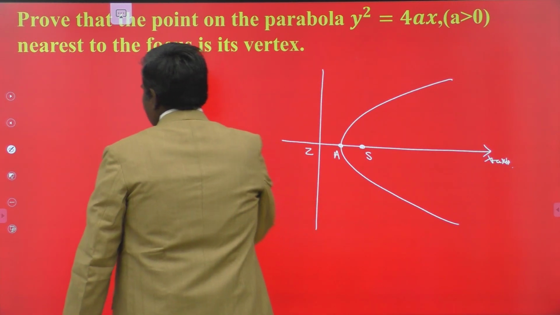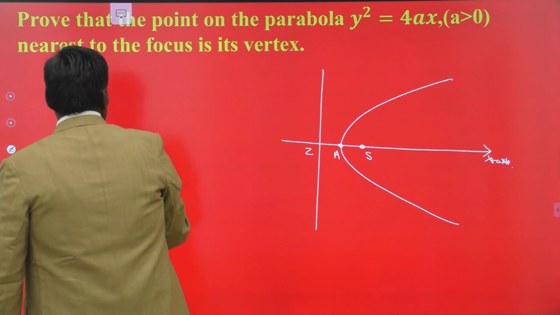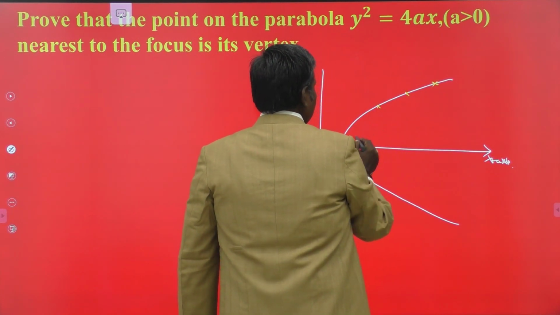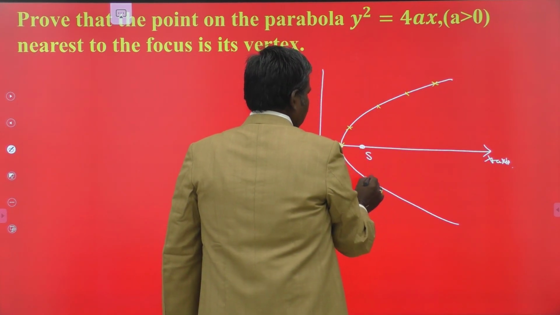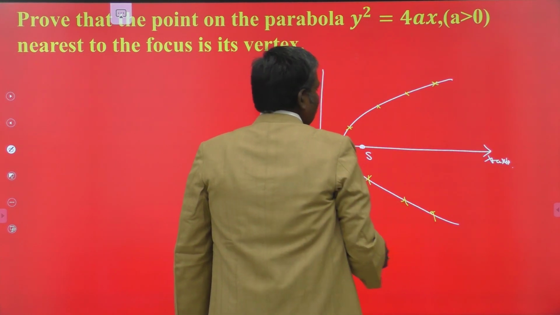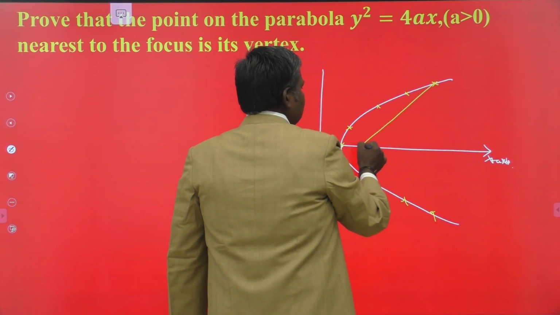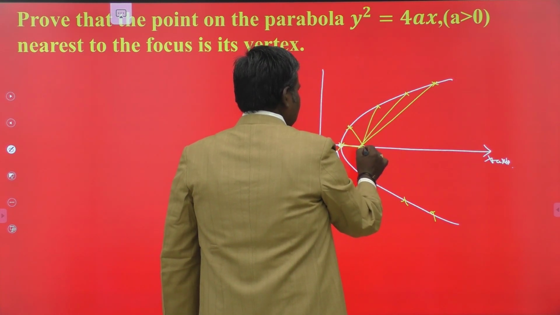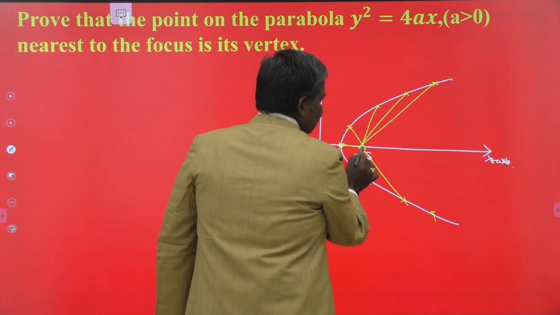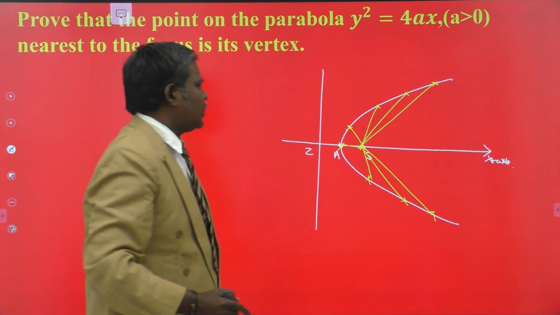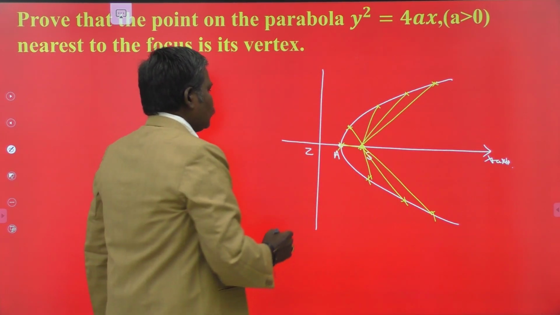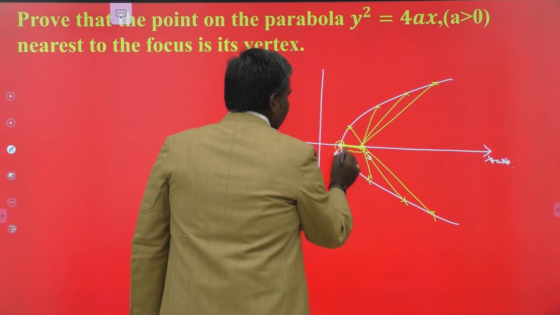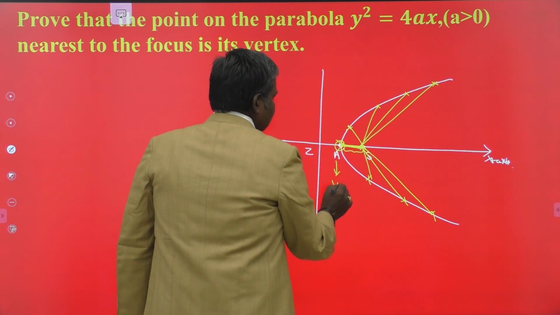You have so many points on this curve. You calculate the distances. All of these are focal distances. We have to show that this is the nearest distance, so the corresponding point is the vertex.